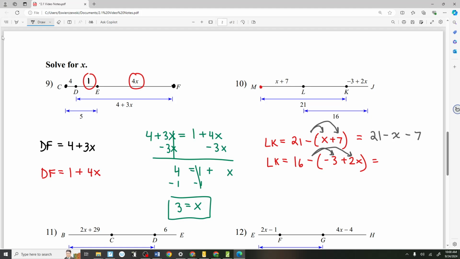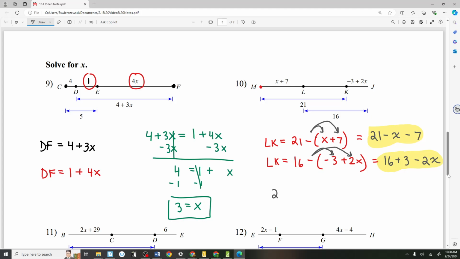Minus negative 3 turns positive, so that would be 16 plus 3, and minus gets distributed to the 2x. So now I can go ahead and set these two expressions equal, because they are both equal to LK.